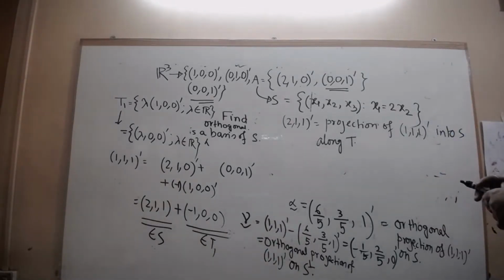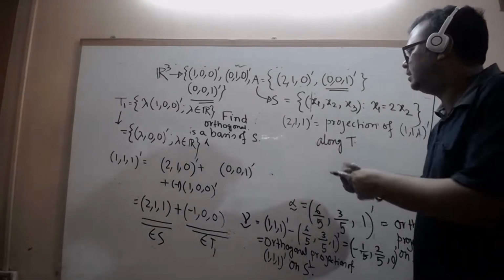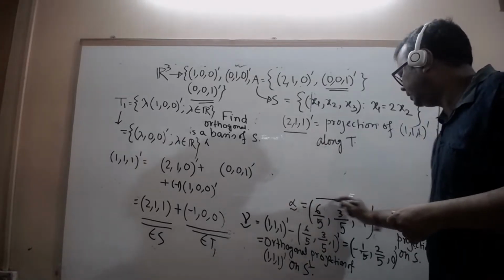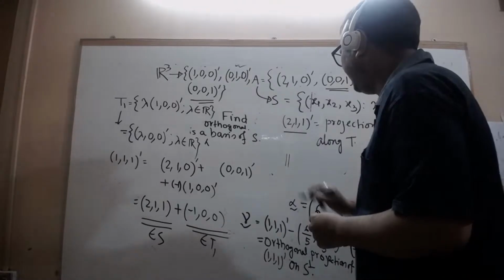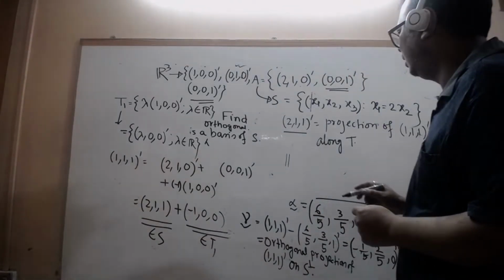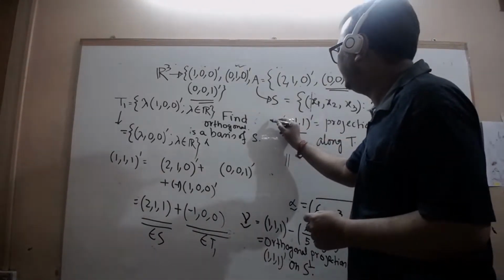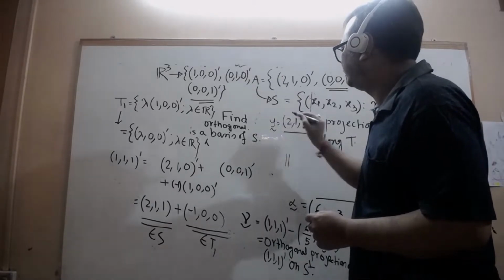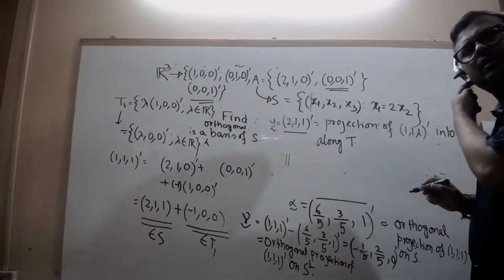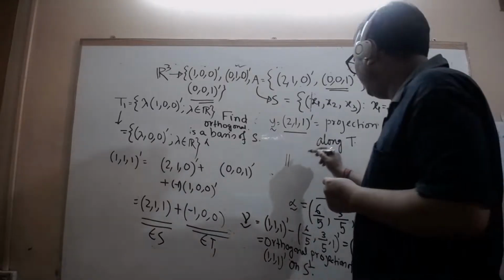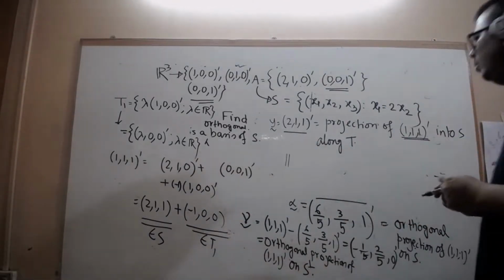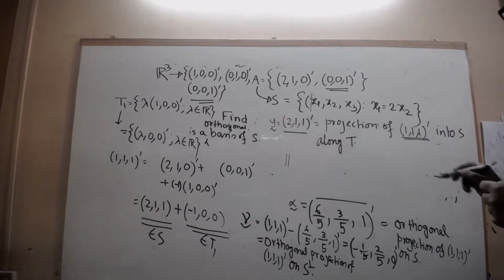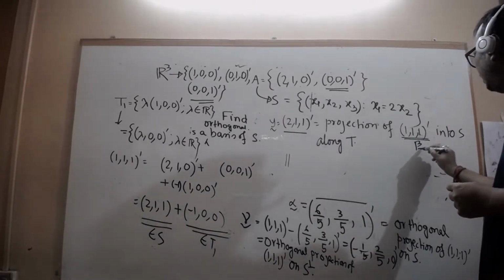Now which one do I choose, this or this? On this I take the norm function. I denote this by y curve. And this is (1, 1, 1). I denote (1, 1, 1) by beta curve.